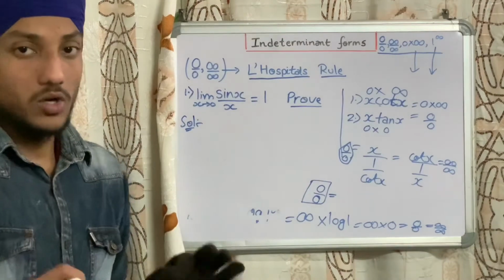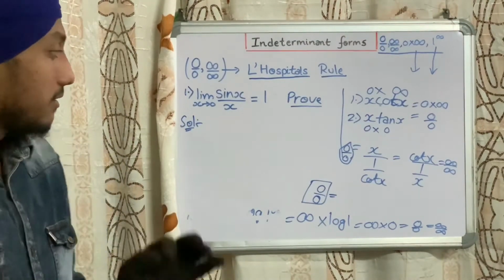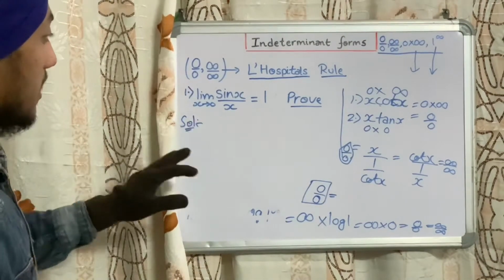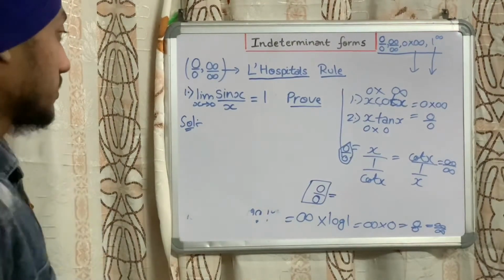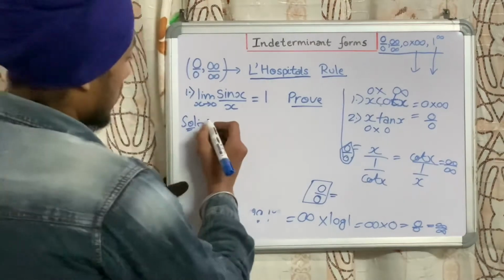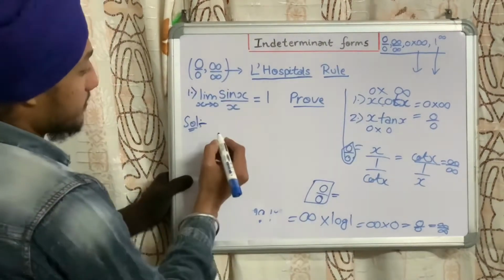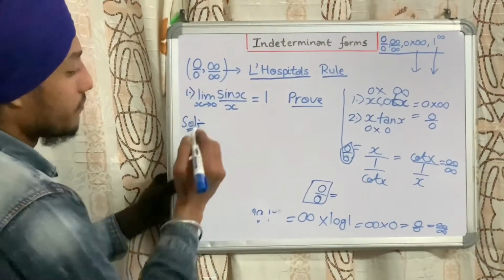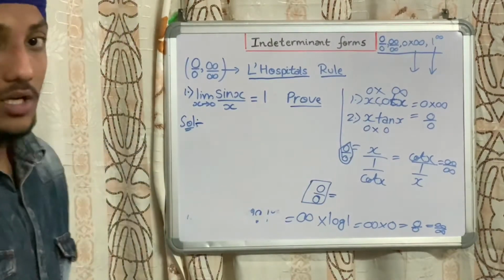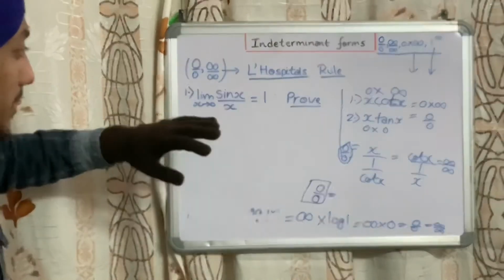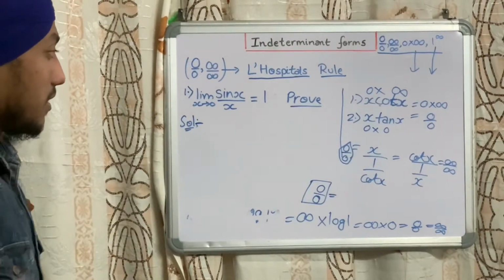Sin x by x is a 0 by 0 form, we know that.